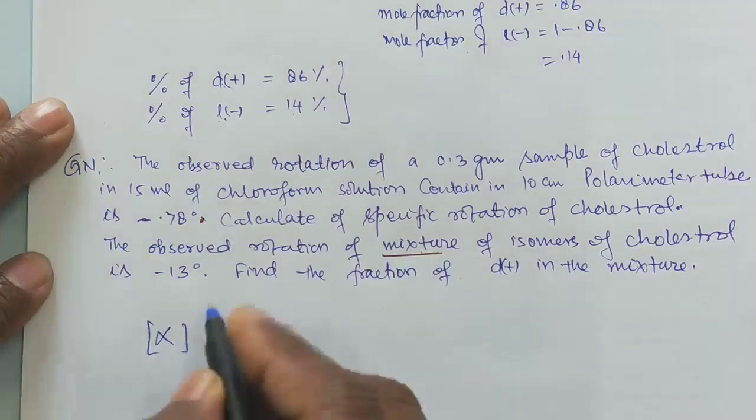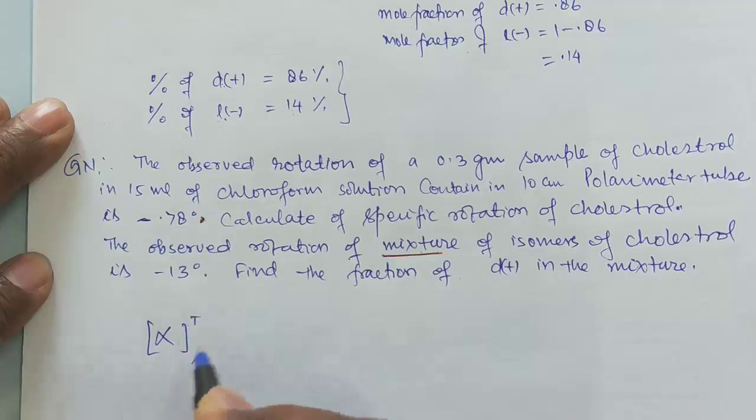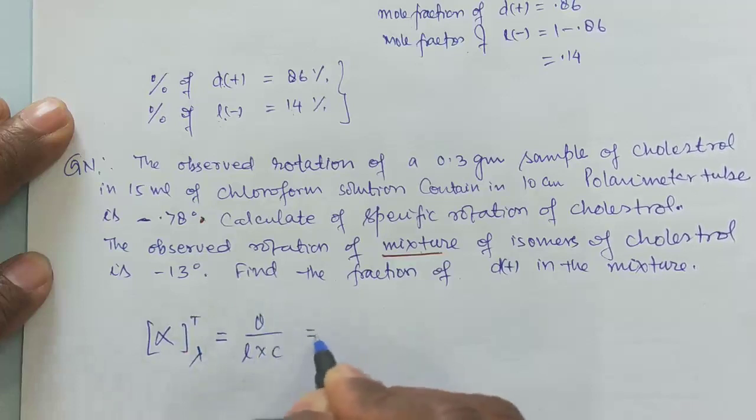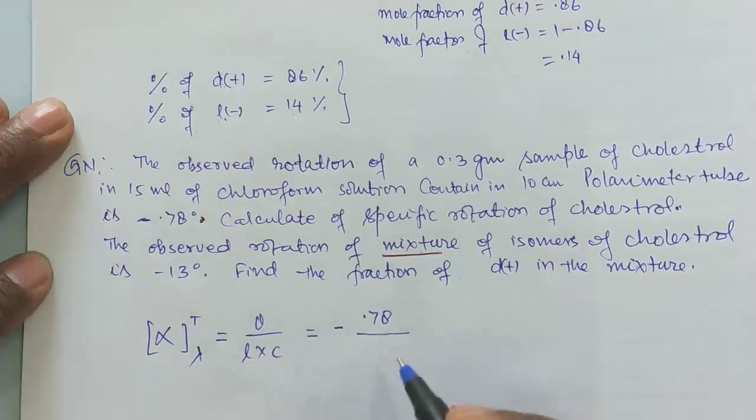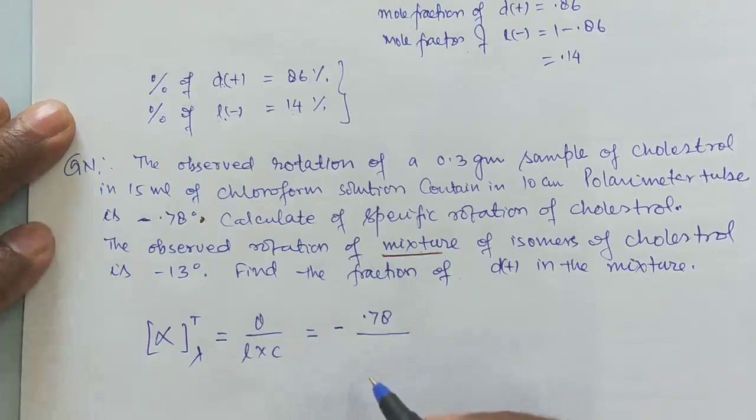So alpha at T and lambda constant is equal to theta by L into C. Theta is given, minus 0.78, divided by L, which is 10 centimeter.